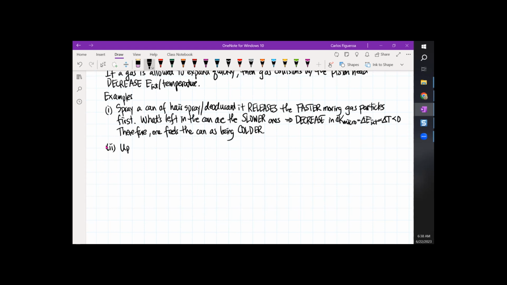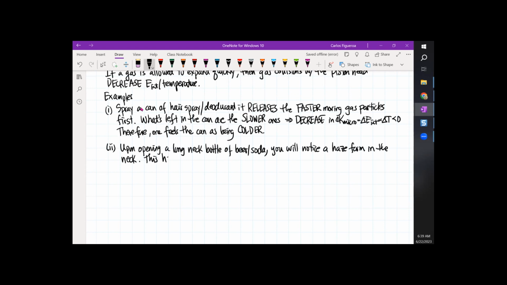Now, upon opening a long neck bottle of beer or soda, you will notice a haze form in the neck, of course above the level of the beer or the soda.